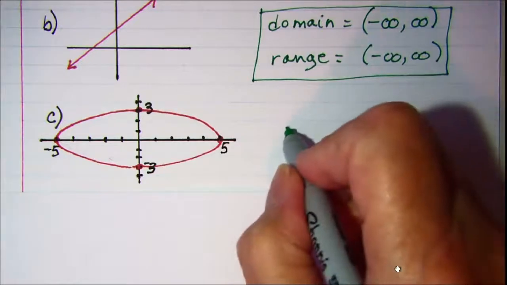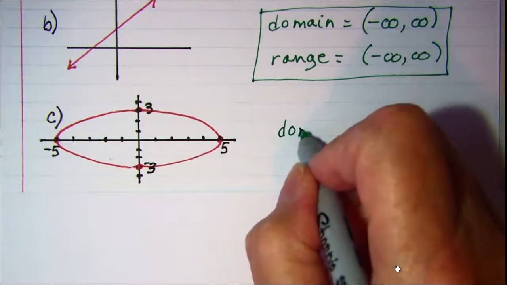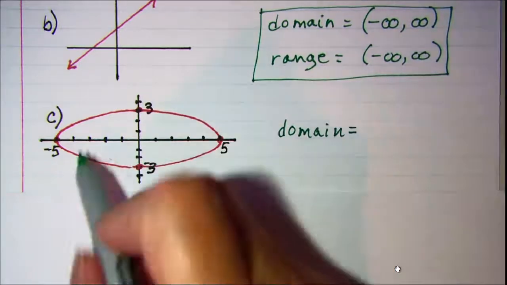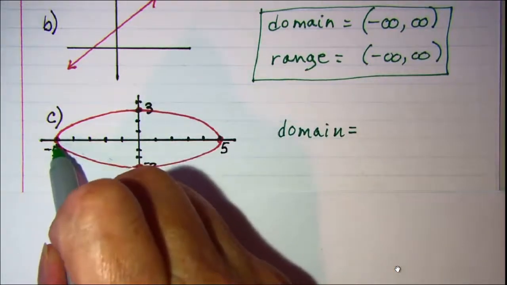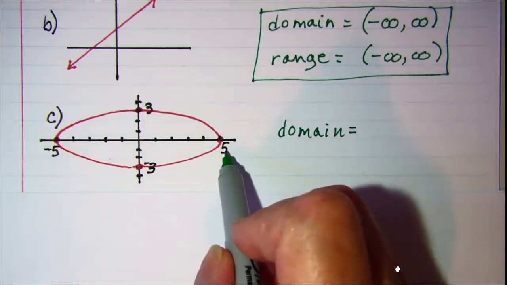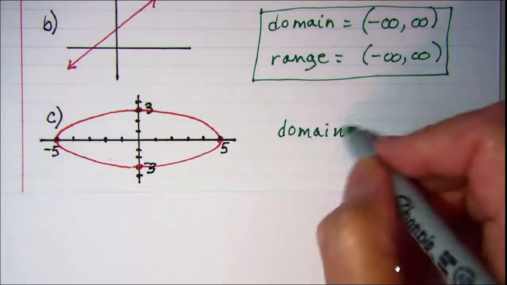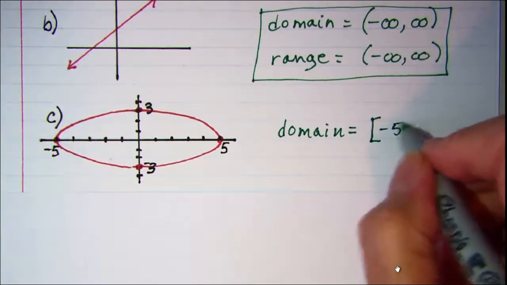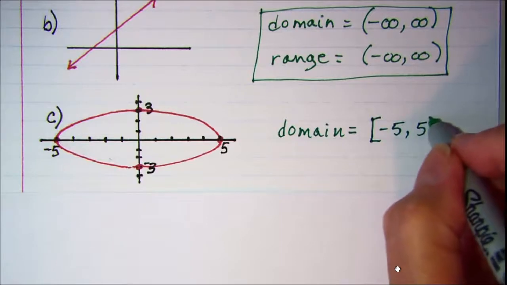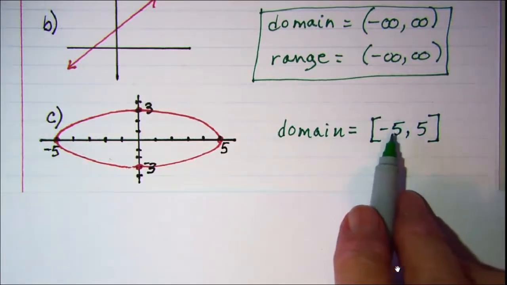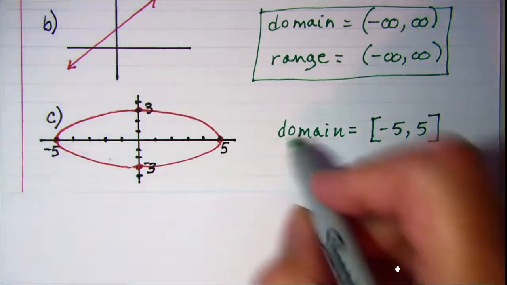We need to indicate our domain with an interval notation. -5 is included as the left bound, and +5 is included as the right bound. So this will be a closed interval from -5 to +5. So this shows all numbers in between and including -5 and 5.